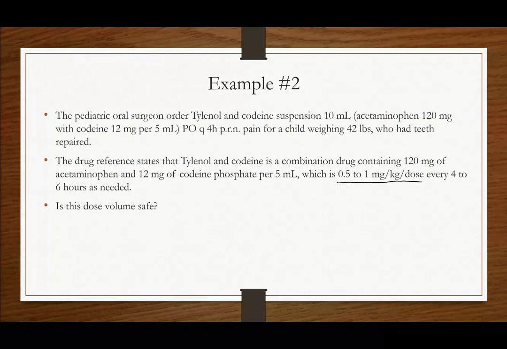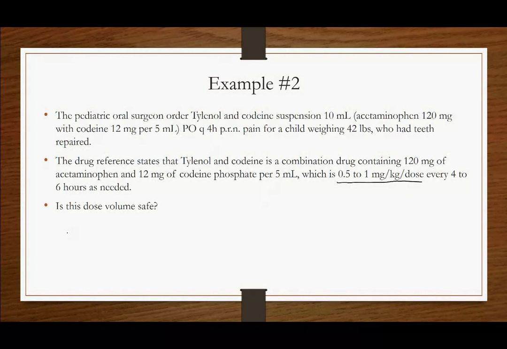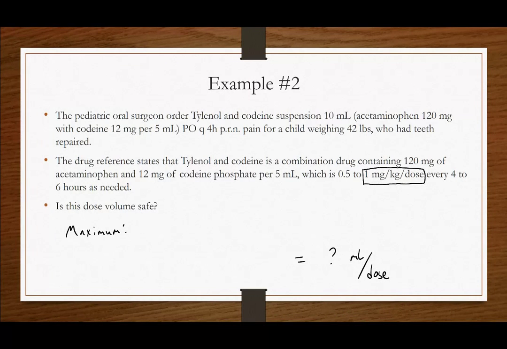So in this instance, what we'd like is to consider the maximum dosage. Is the maximum amount that we give going to be safe? In this particular instance, that means we'll be using the recommendation of 1 milligram per kilogram per dose. The volume in this instance is going to be given in terms of milliliters per dose. For our calculation, again, we'll start with the patient weight converted to kilograms.